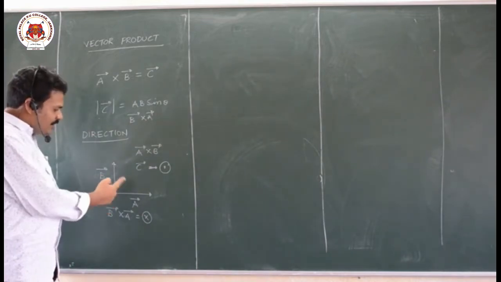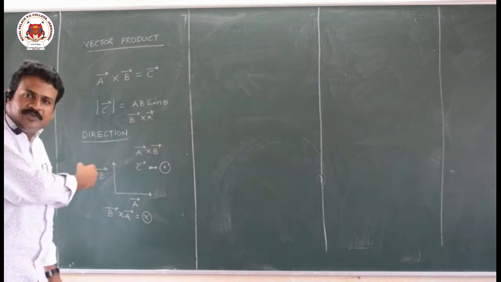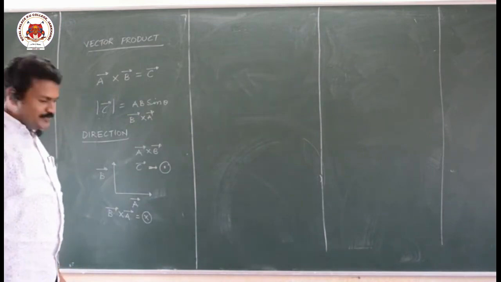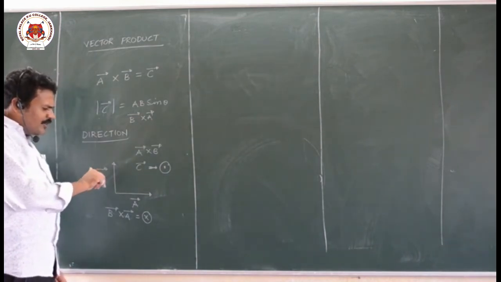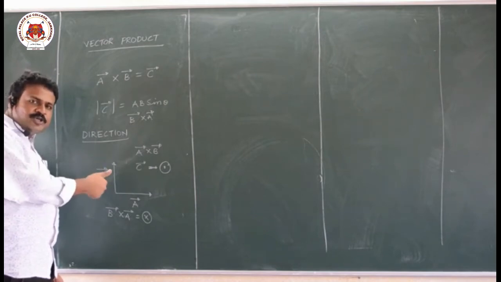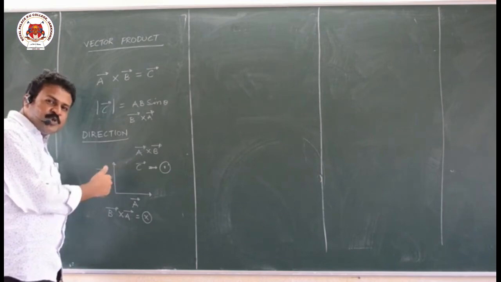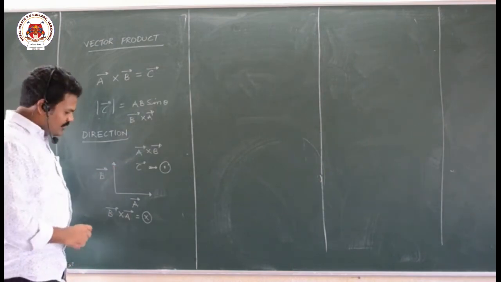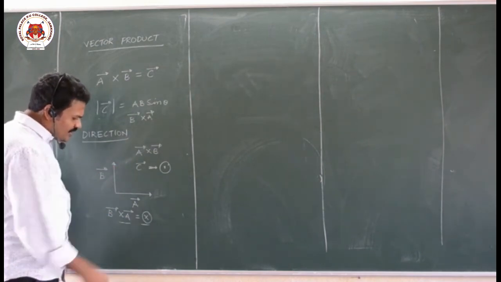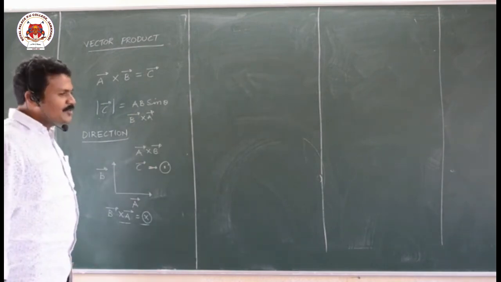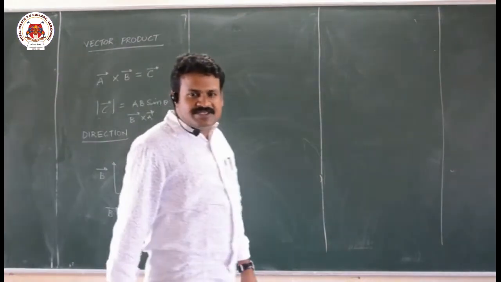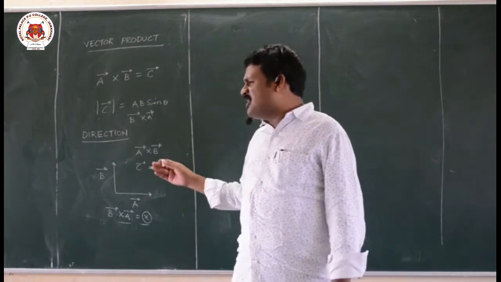So that means for a bar cross b bar, the vector c bar is coming out of the plane. Next, when you do b bar cross a bar, the screw enters into the plane of the board. Therefore b bar cross a bar is into, and a bar cross b bar is out. Based on this concept there may be many questions.